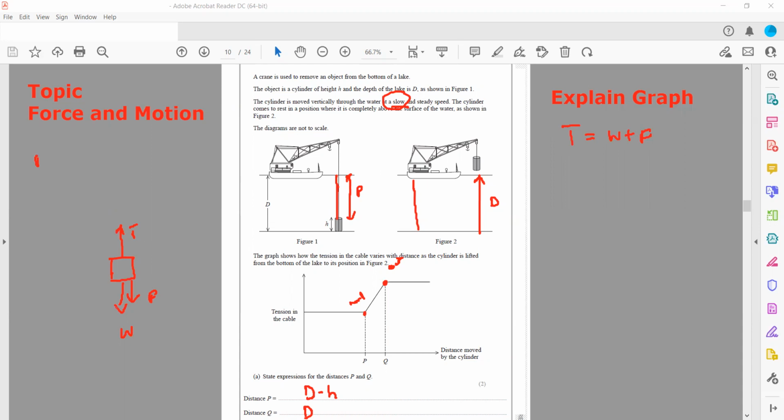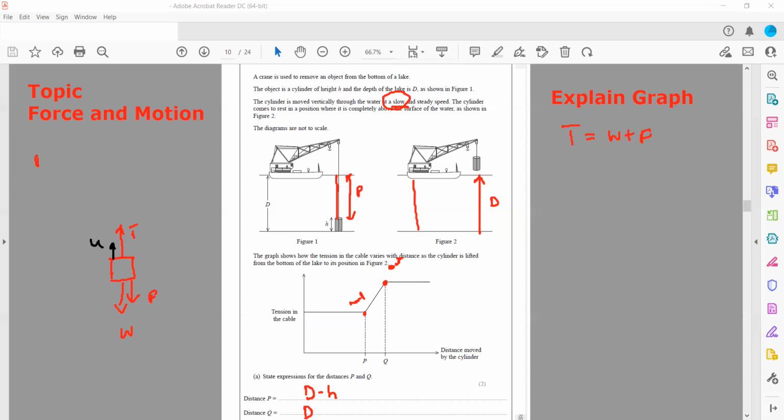And here there is another force. There will be an upward force from the fluid, and the upward force from the fluid is known as upthrust. When we try to lift it, there will be an upward force from the fluid, known as upthrust.